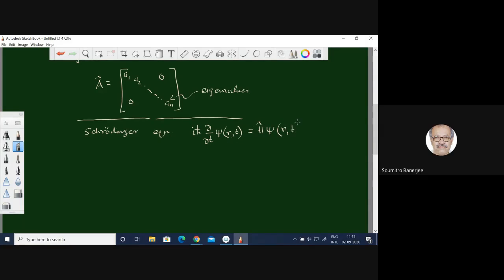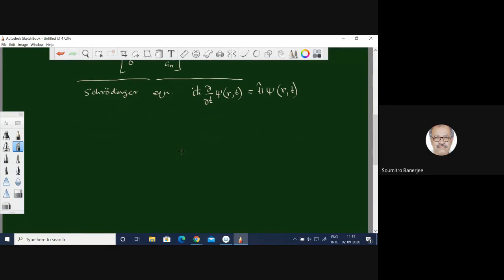This is the expression of the Schrodinger equation you are used to. And we know that psi of r and t is expressed in terms of the basis; since it depends on t, the coefficients will also depend on t.